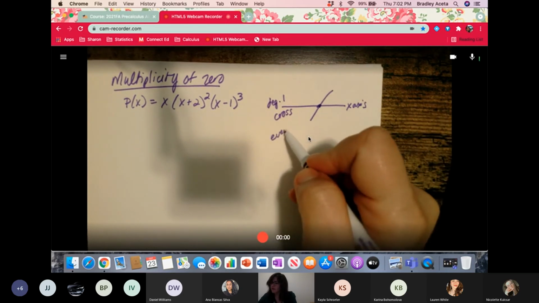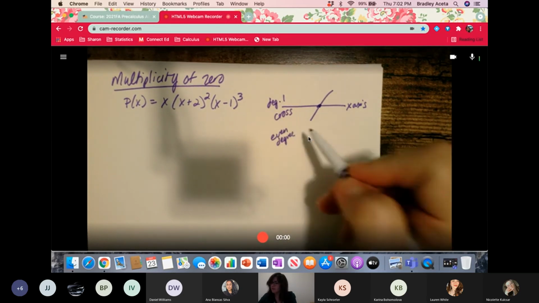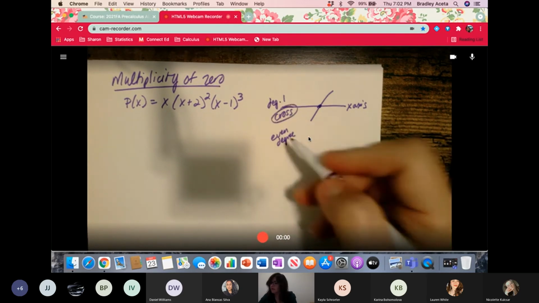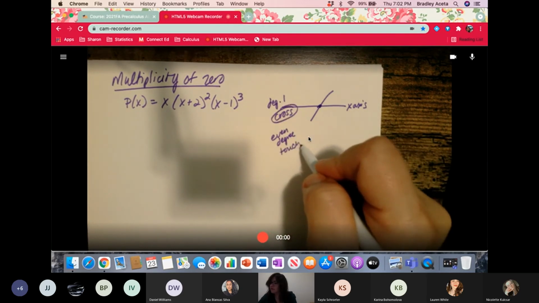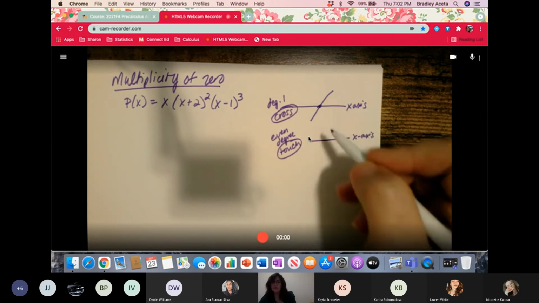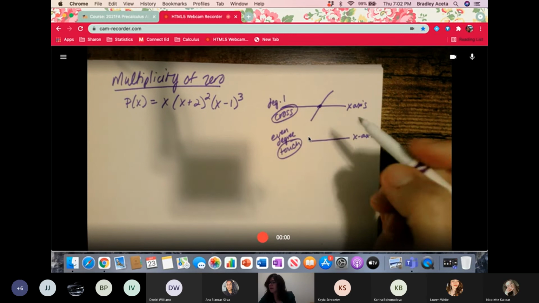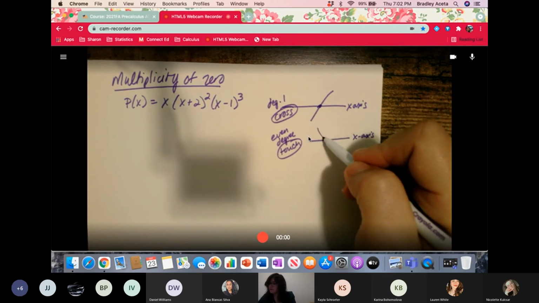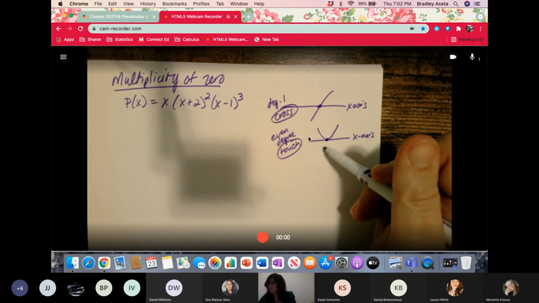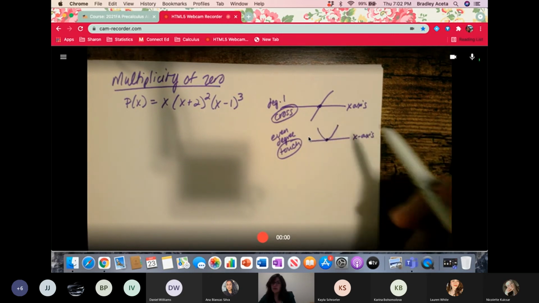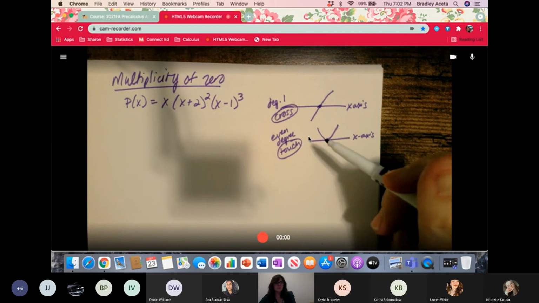If it has an even degree, like a degree 2 or degree 4, it's going to touch. It's going to kind of look like this on the x-axis. Remember, to go through the x-axis, you're a real 0. But if you touch it, depending on where it comes from, the bottom or the top, it would just touch and then come back up if it's a degree 2.